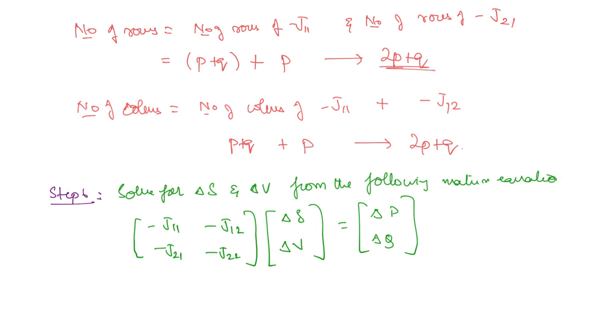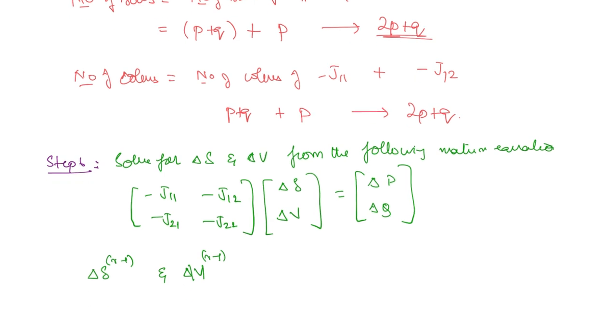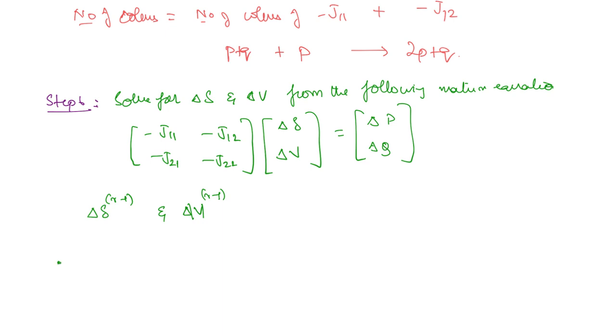Now here what we are going to get? We are going to get delta^(R-1) and mod delta V^(R-1). So we are doing the rth iteration, but we were using the superscript R minus 1. So why are we using that? Here you have to finally get delta^R. The rth iteration of delta will be equal to delta of R minus 1 plus delta delta R minus 1.